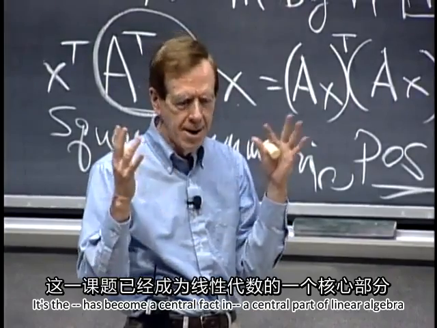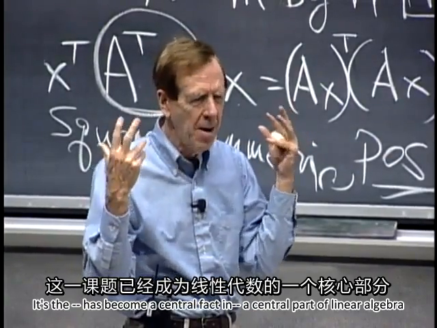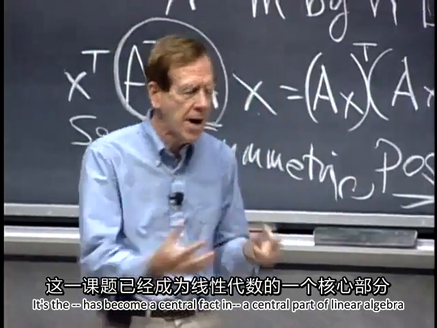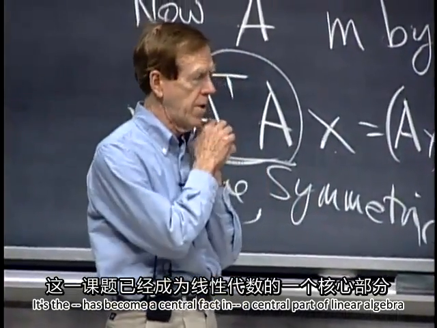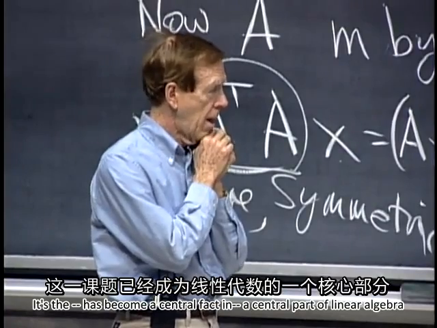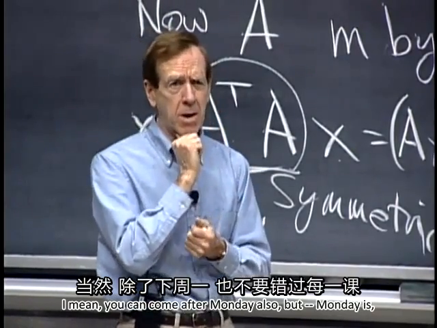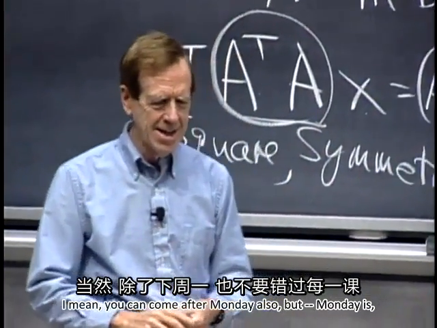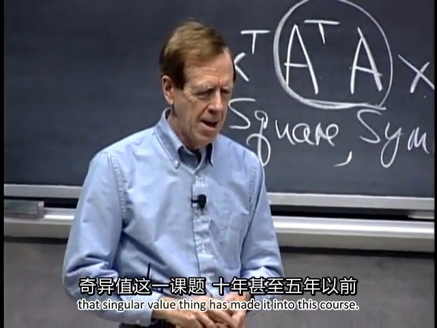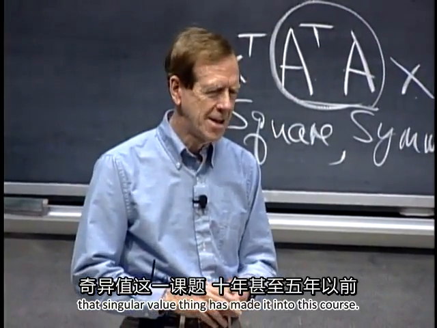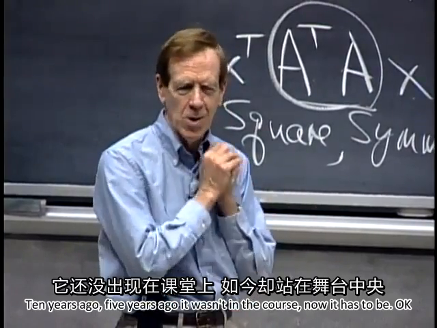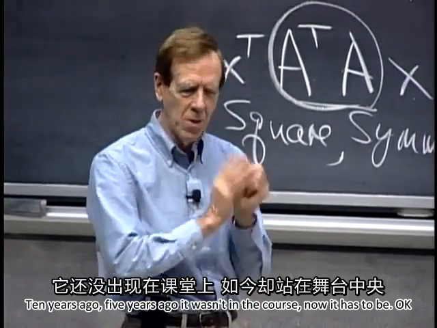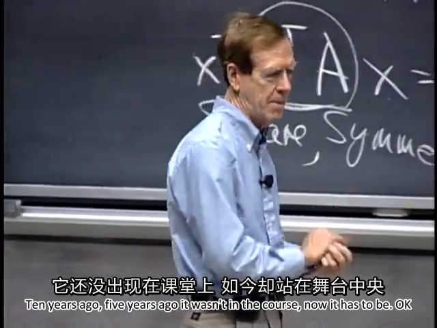It has become a central fact in a central part of linear algebra. I mean, you could come after Monday also, but Monday is that singular value thing has made it into this course. 10 years ago, 5 years ago, it wasn't in the course. Now it has to be.